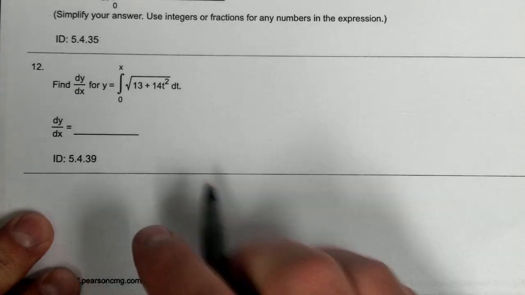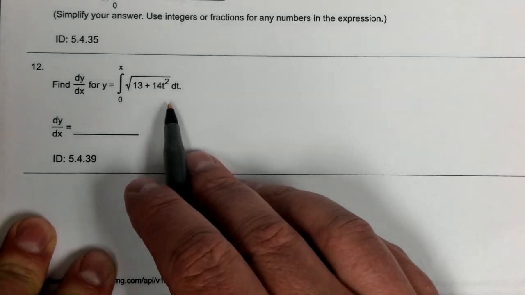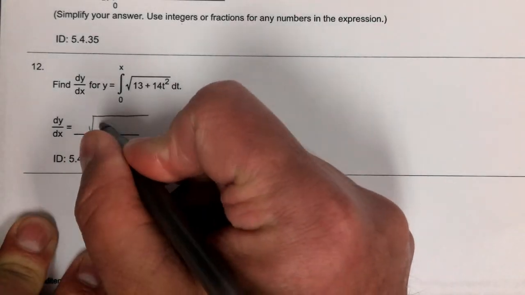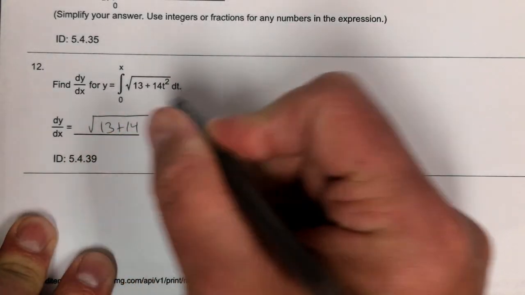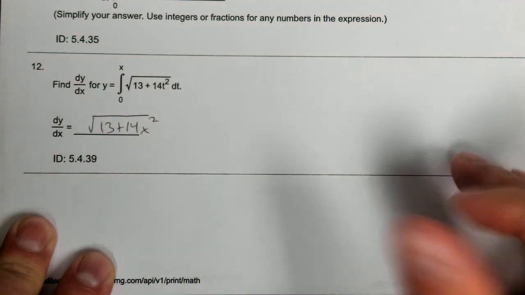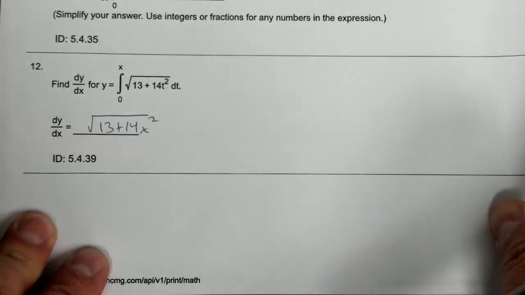Okay, and then on this one, we just change this. Instead of t, you use x. So square root of 13 plus 14x squared. Okay.